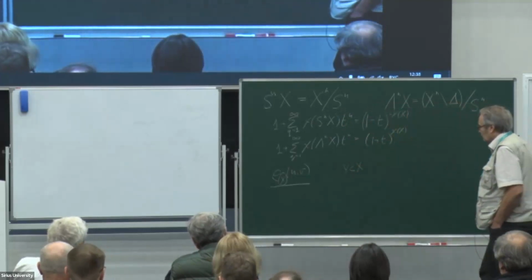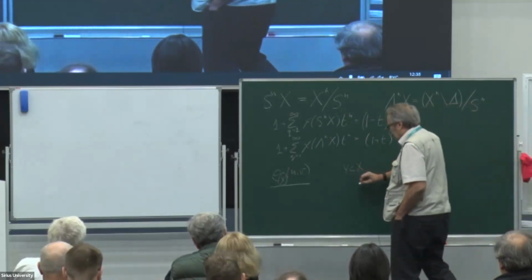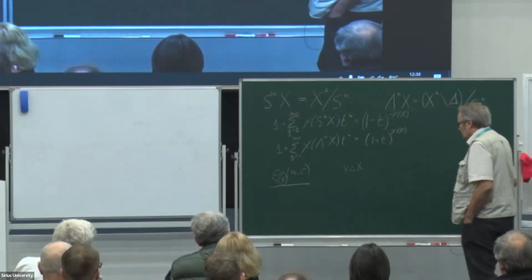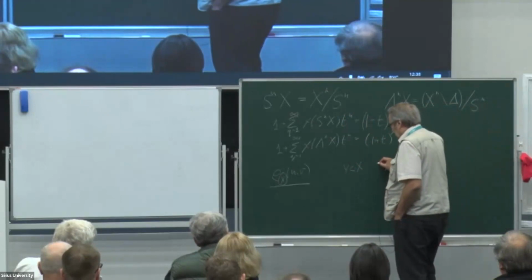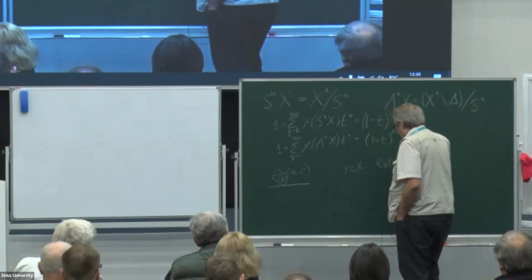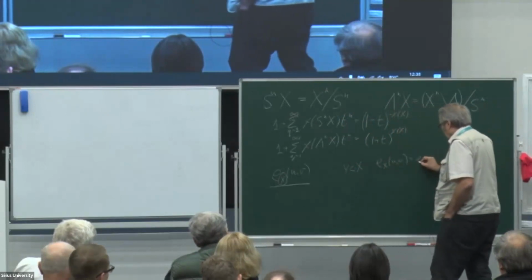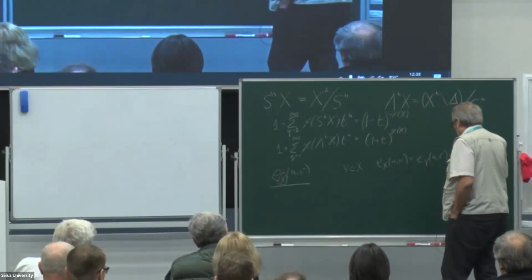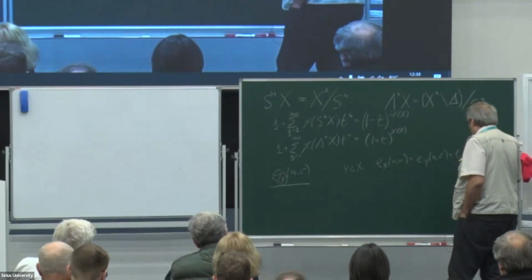If Y is Zariski closed in X, that means that Y is defined by additional equations in the projective space, then e_X(u,v) is equal to e_Y(u,v) plus e_{X minus Y}(u,v).